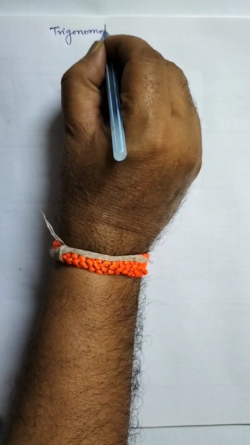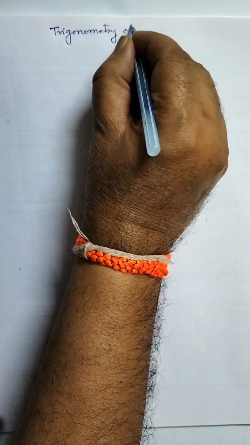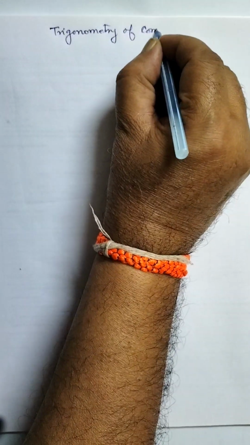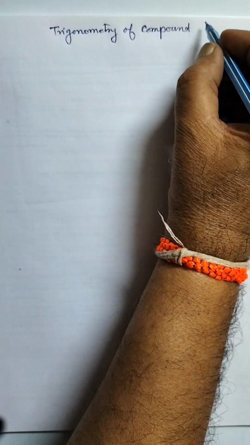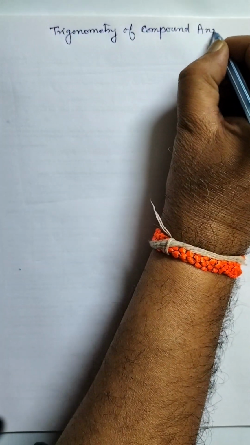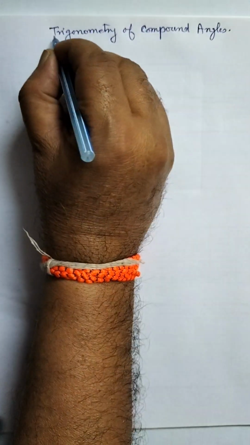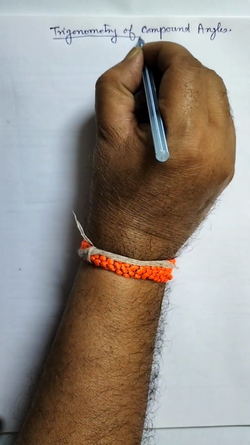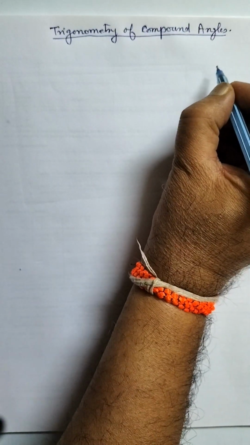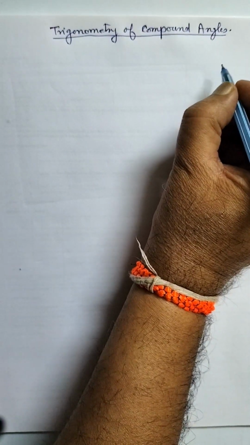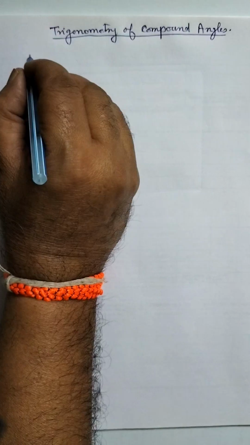Trigonometry of compound angles. Compound angles involve the addition and subtraction of two or more angles.